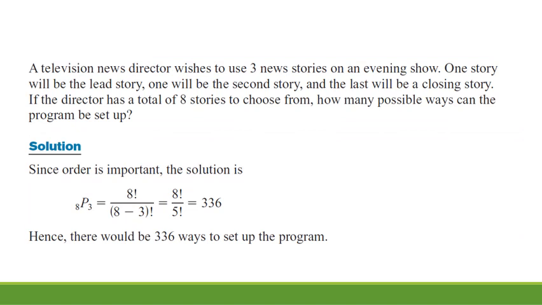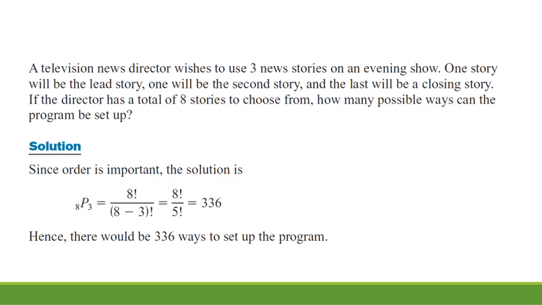In a specific order, take note that a television news director wishes to use 3 news stories on the evening show. One story will be the lead story, one will be the second story, and one last will be the closing story. If the director has a total of 8 stories to choose from, how many possible ways can the program be set up?